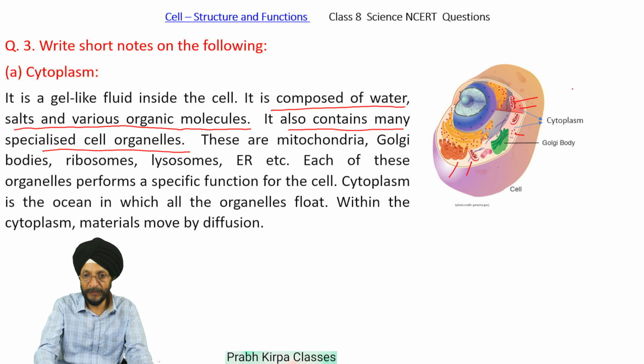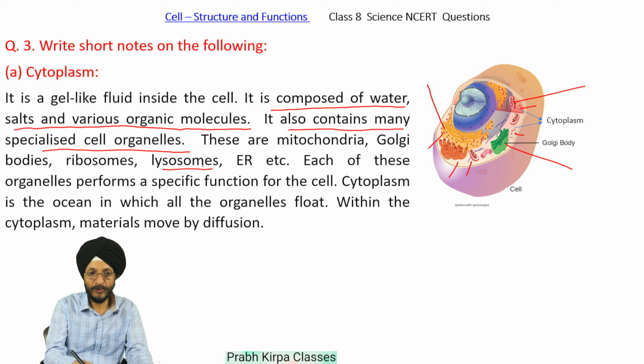Cell organelles may be mitochondria, Golgi apparatus or Golgi body. There may be endoplasmic reticulum. There are ribosomes. Lysosomes are also found in animal cells and not in plant cells.